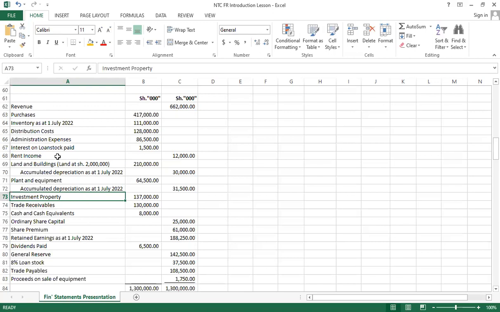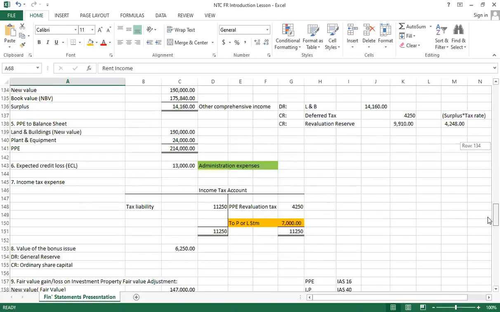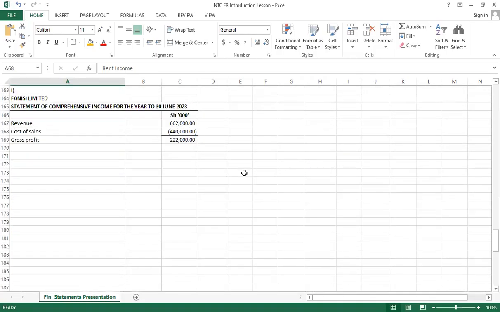And I can see that we have this rental income. So the rental income will be part of the other operating incomes. So I'll come down here, and of course we add to the gross profit the other operating incomes.